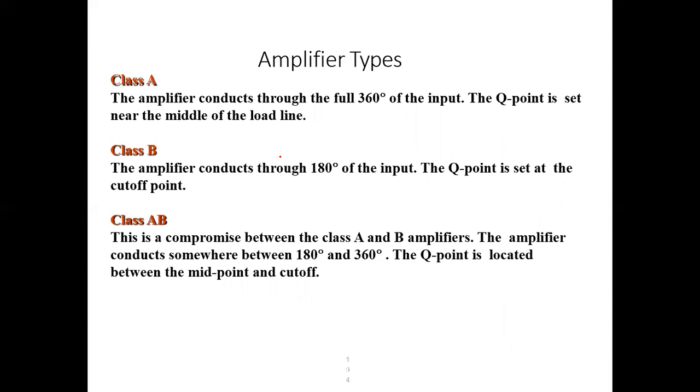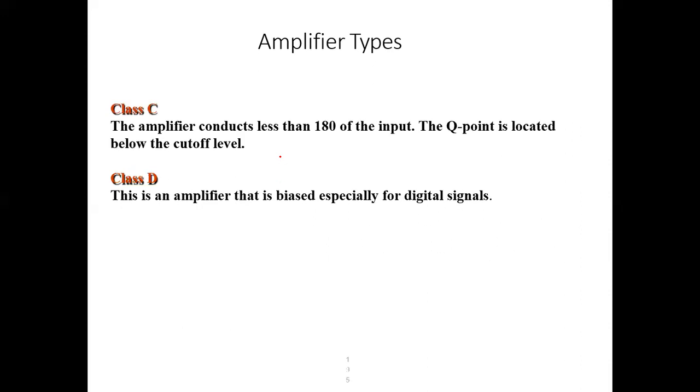The class A amplifier conducts through the full 360 degrees of the input, and the Q point is set near the middle of the load line. The class B amplifier conducts through 180 degrees of the input, and the Q point is set at the cutoff point. Class AB is a compromise between class A and class B. The amplifier conducts somewhere between 180 and 360 degrees, and the Q point is located between the midpoint and the cutoff.